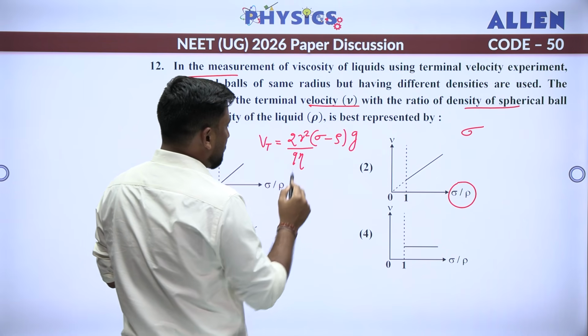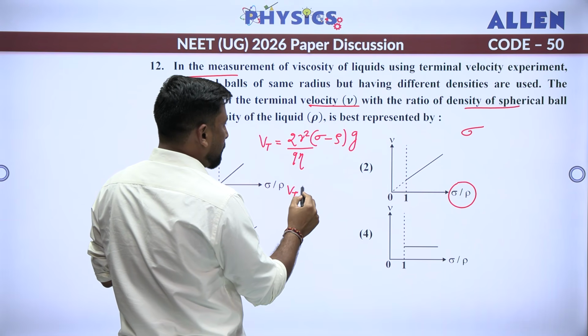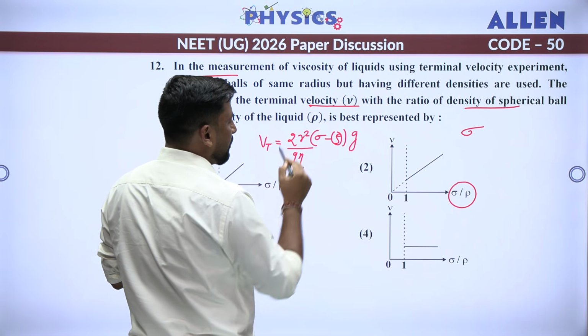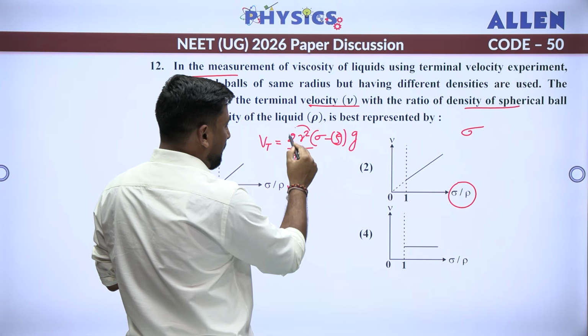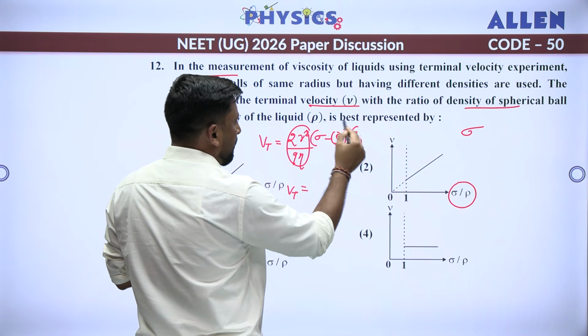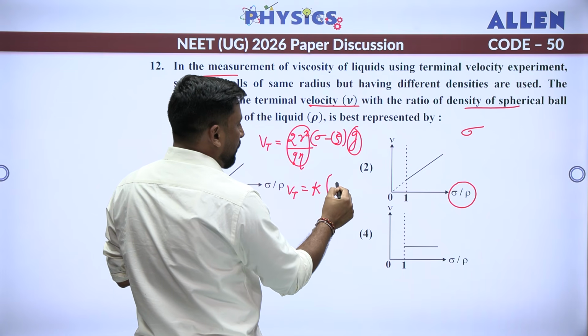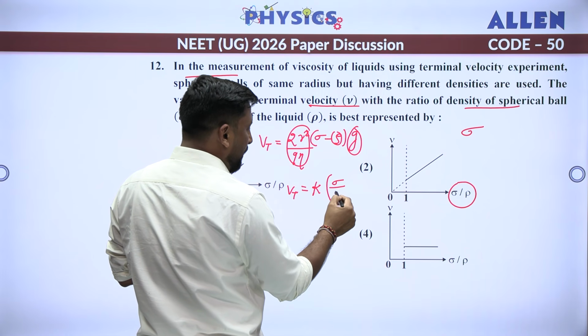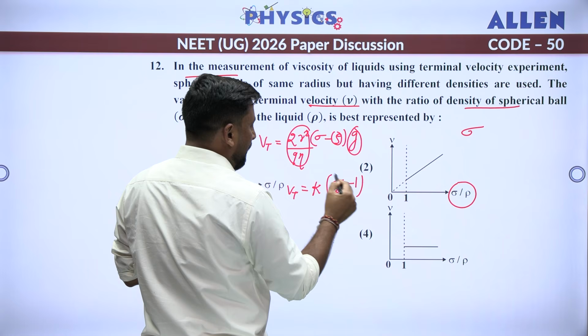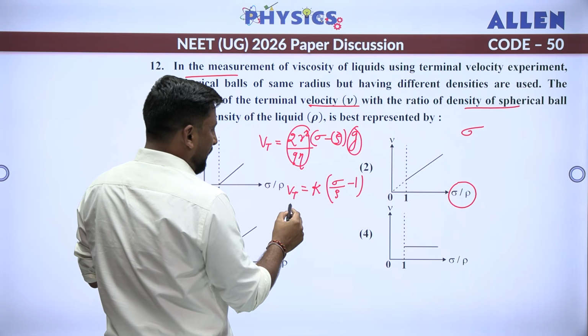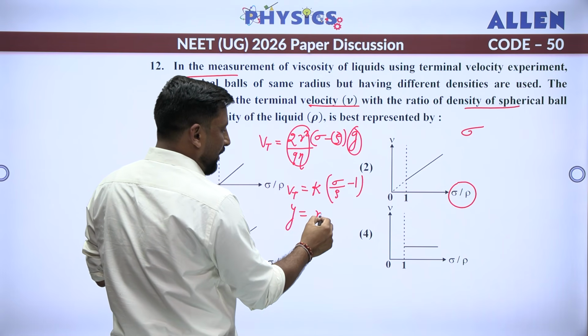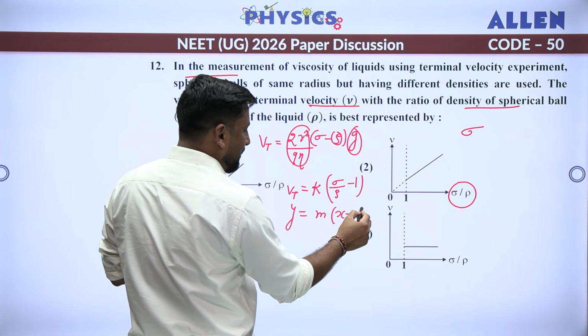So let's divide with this. So we can say Vt is going to be, this is constant, this is not changing. So this whole thing again we can take constant. So we can say it is some constant times rho sigma by rho minus 1. Alright, now this we can say y, this we can say some m into x minus c type, right?